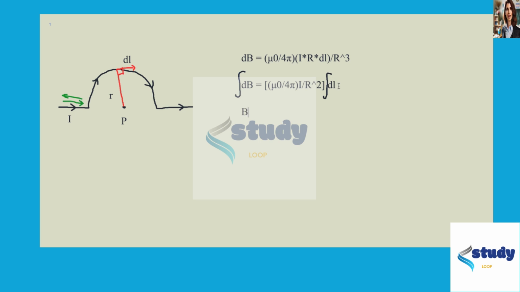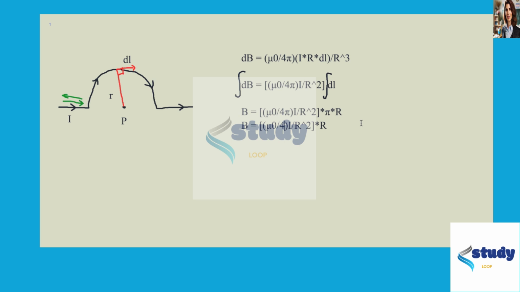Once we integrate this here, on the left, integrating dB is just going to give us B, which is exactly what we want. We have all these constants here, just as before. And then remember, the integral of dL is going to be pi times our capital R. Now this is written a little bit messy, so let's simplify this. So when we look at all this, we have a factor of 4 pi down here and a factor of pi up here, so we're going to cancel these out.